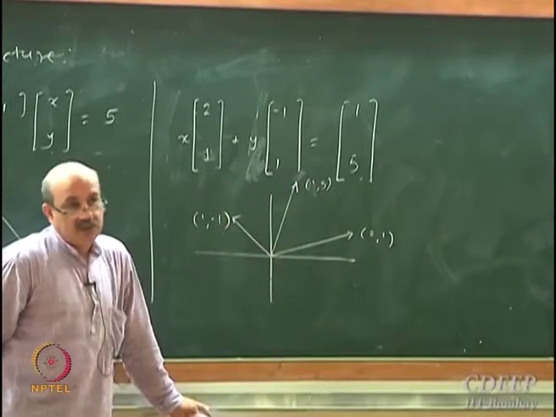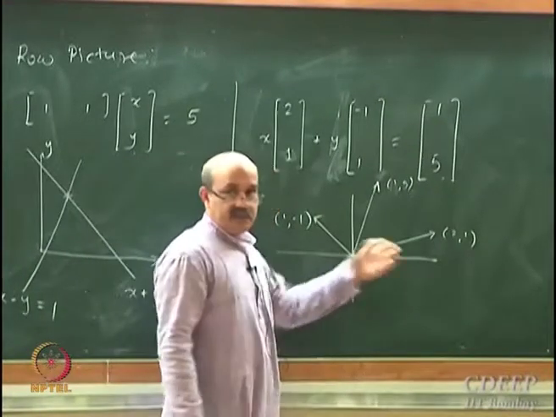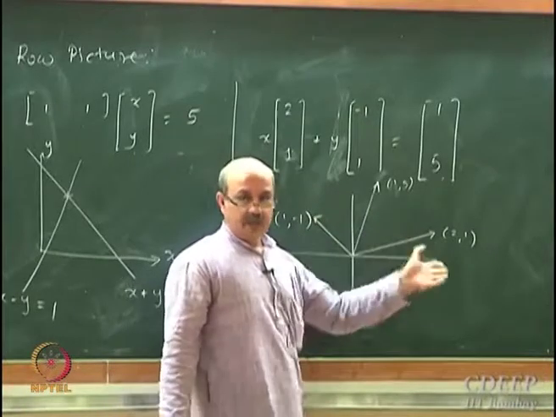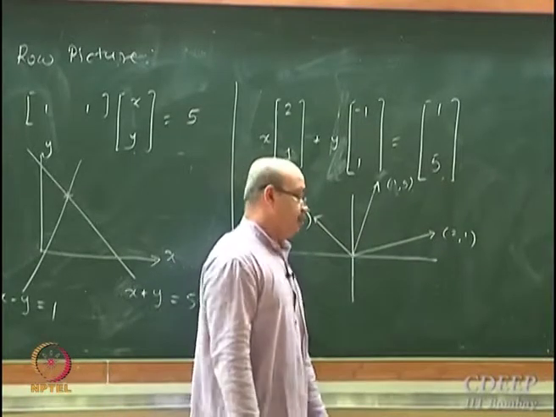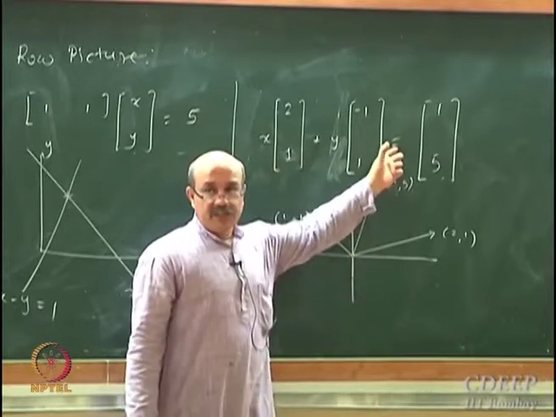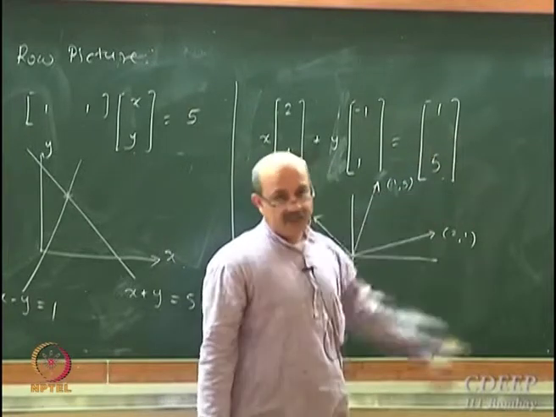We are just trying to use the law of vector addition, and then you can complete the geometric picture by drawing the parallelogram here. So it's just a linear combination of these two vectors that gives me the third vector.